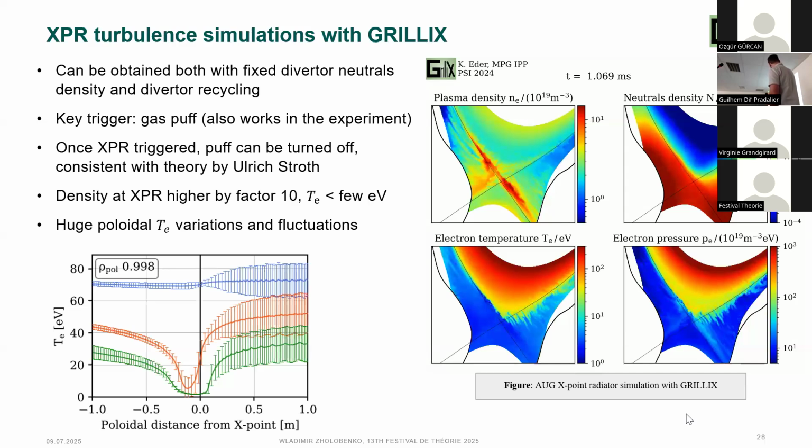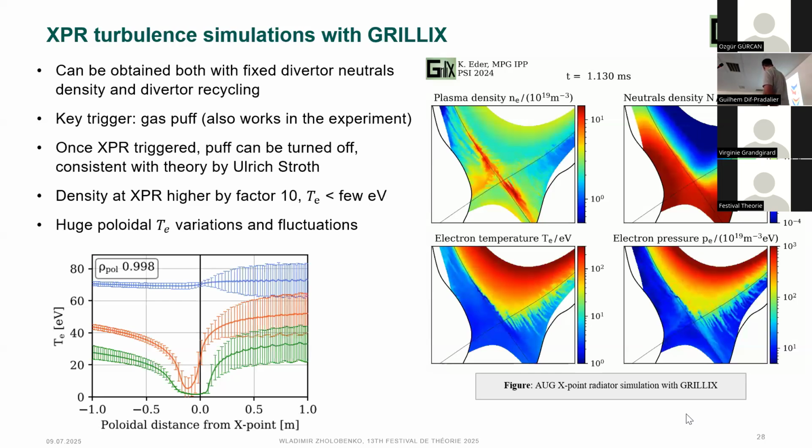And what you see is a state where the plasma density is an order of magnitude higher in the radiation region than at the core boundary of the simulation. And the temperature is very low. It's below a couple electron volts. And on the left, this figure shows the poloidal profiles of the electron temperature. As a distance from the X-point, 0 is the X-point. And you see that we have very strong poloidal gradients.